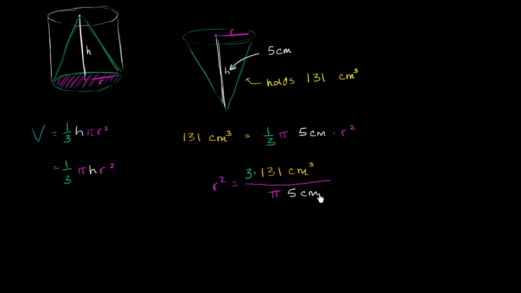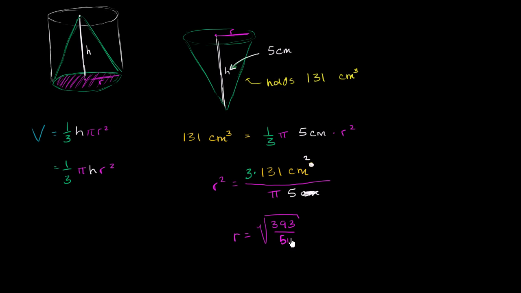Now let's see if we can clean this up. Centimeters will cancel out with one of these centimeters, so you'll just be left with square centimeters in the numerator. And then to solve for r, we could take the square root of both sides. So r is going to be equal to the square root of 3 times 131, which is 393, over 5 pi.